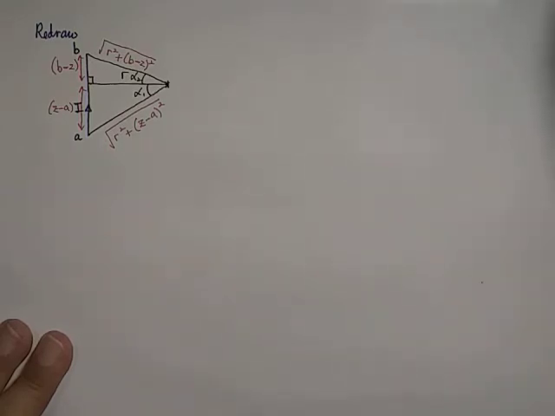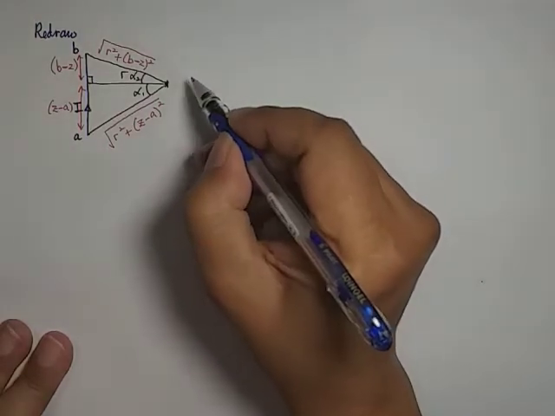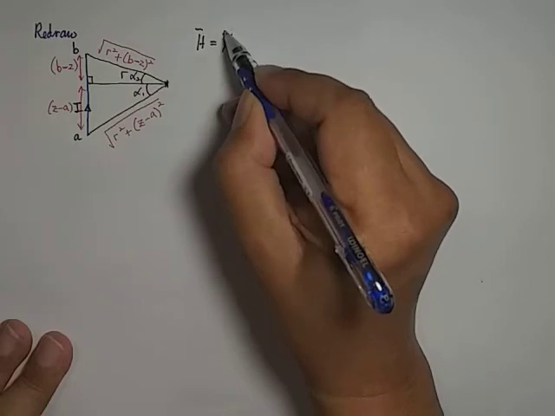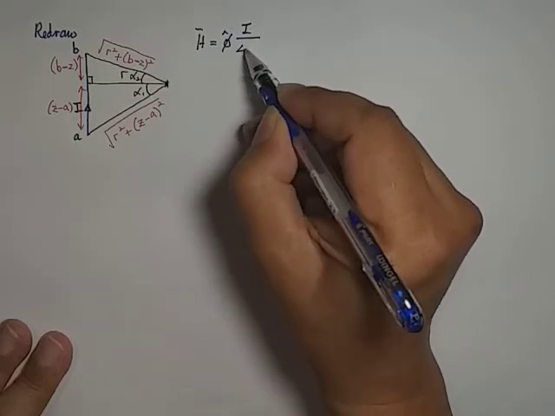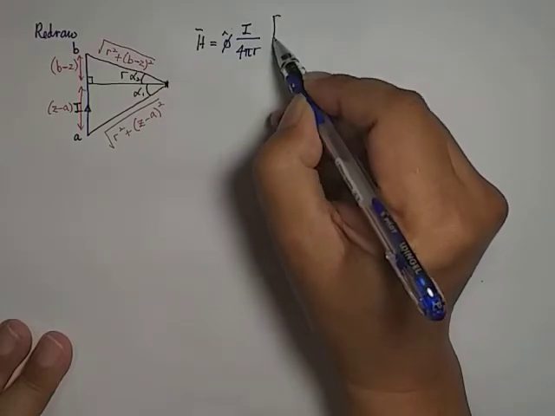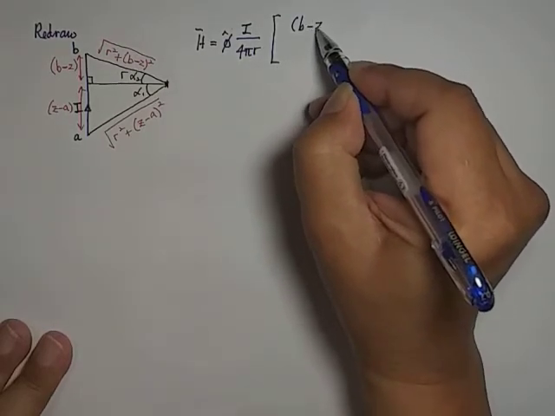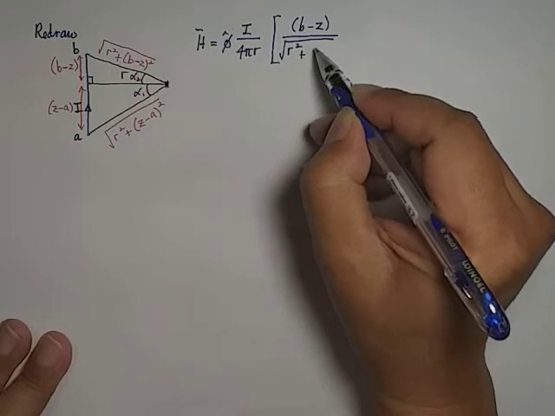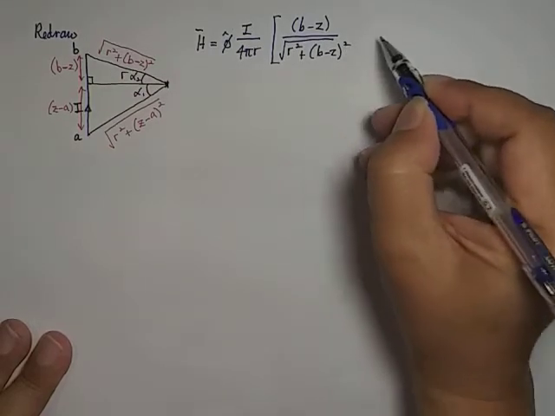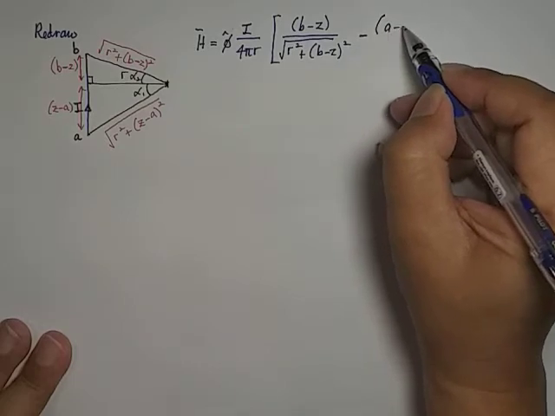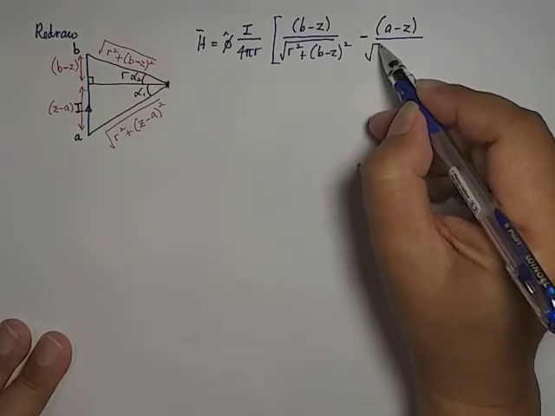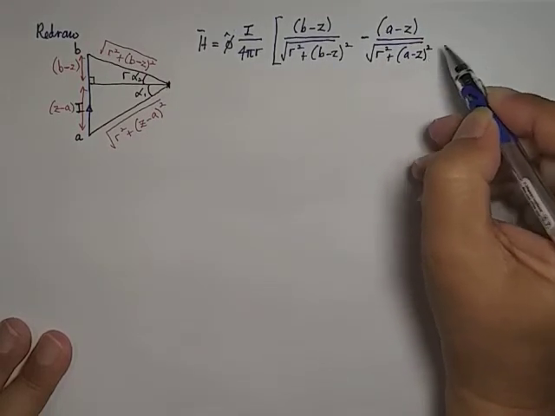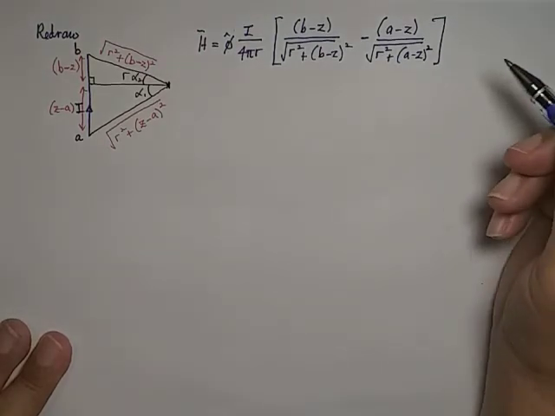And from our previous solution, we know that the H here is given in the phi direction as I divided by 4 pi R, times B minus Z over the square root of R square plus B minus Z square, minus A minus Z over the square root of R square plus A minus Z square. That should be taken from our solution before.